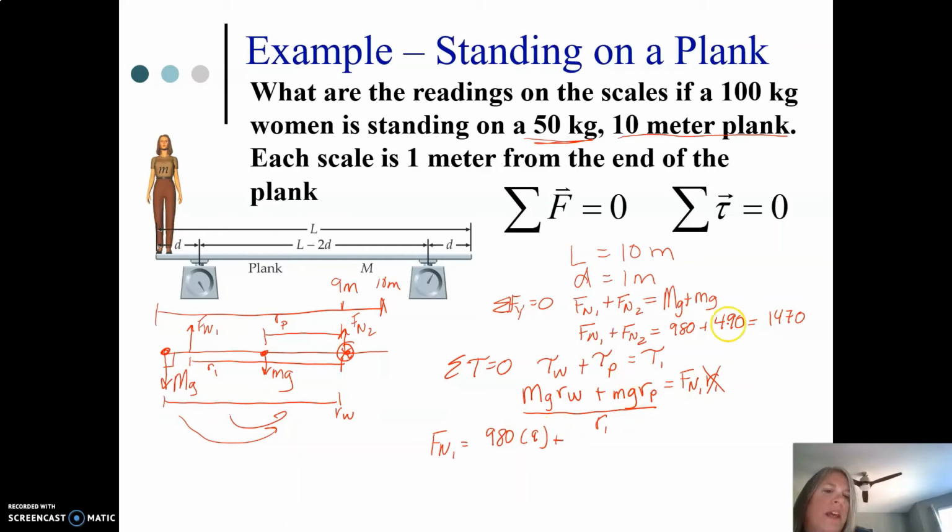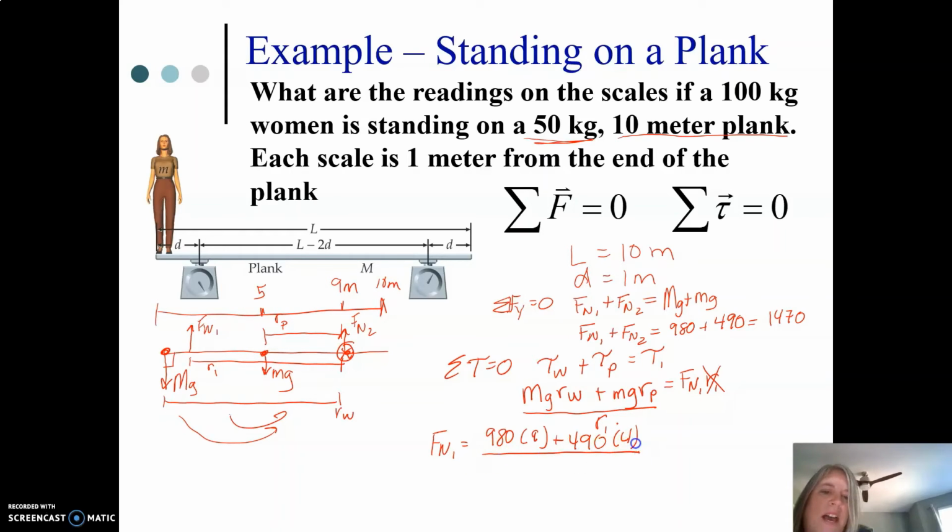The weight of the plank was 490, so 50 times 9.8. The distance of the plank's center of mass would be at 5, so our R for the plank is going to be 9 minus 5, or 4.